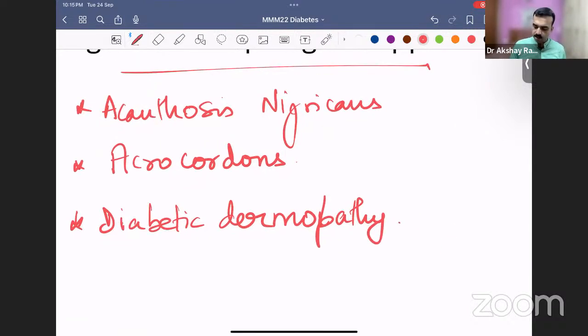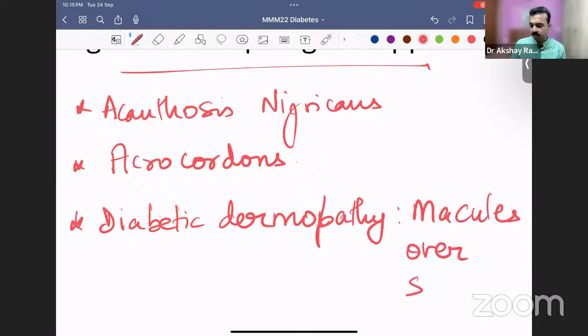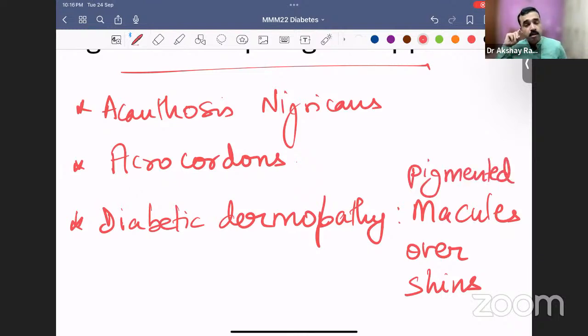So these are just hyperpigmented macules over trauma points. That means shins. So when you notice the shins of a patient with long-standing diabetes, you'll notice hyperpigmented macules over the shins. These are known as diabetic dermopathy.